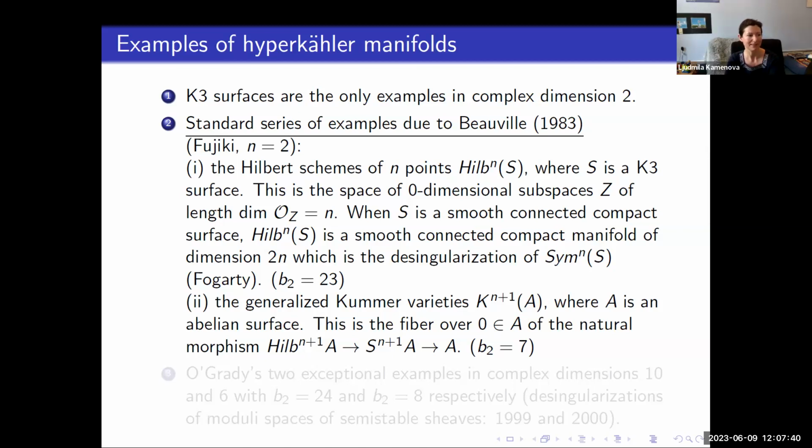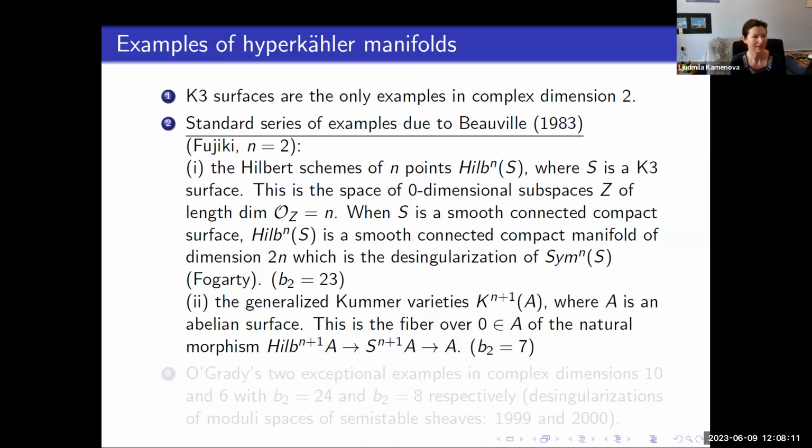This is the same as the previous case, but instead of a Hilbert scheme of a K3 surface, you take a Hilbert scheme, let's say, of n+1 points on an abelian surface, and then take the fiber of the natural morphism that maps the Hilbert scheme of n+1 points of A to the sum of the points, which is mapped to A.